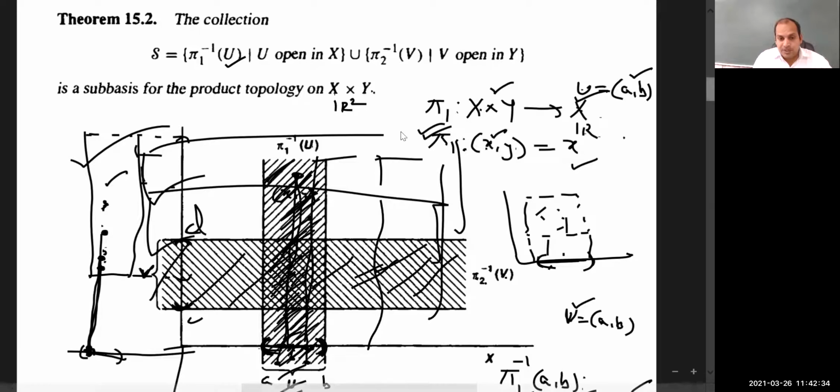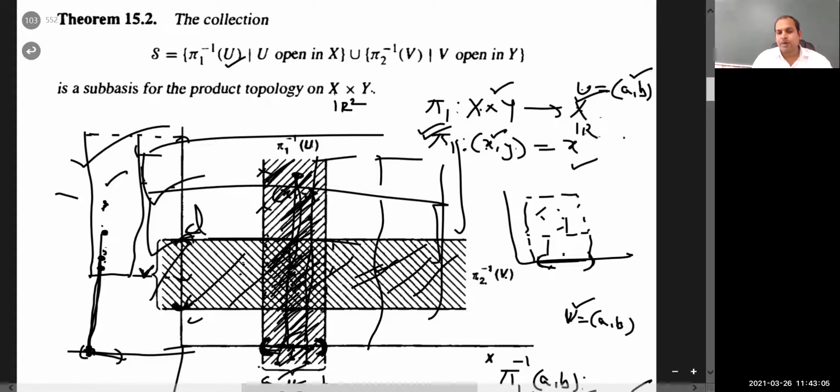Now you can see that, let me take this open strip parallel to the y axis as well as this open strip parallel to the x axis. These endpoints are not included because we have the open interval AB. A and B are not included. Similarly, C and D are not included. If you take the finite intersection of two such strips, parallel to the x axis and y axis in R2, then we will get this open rectangular region.